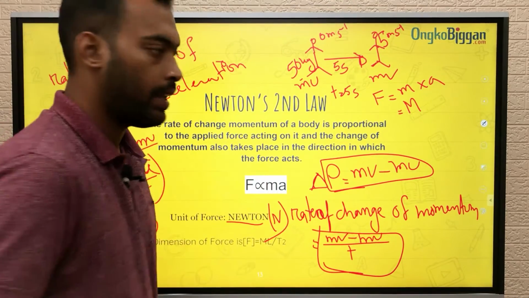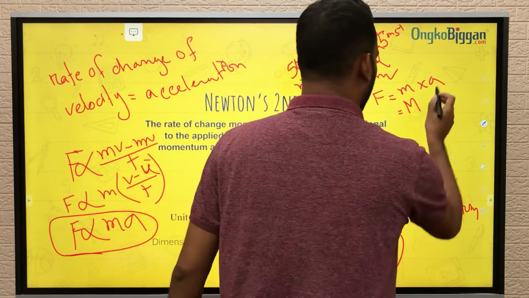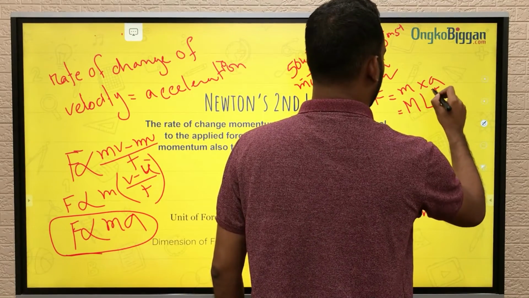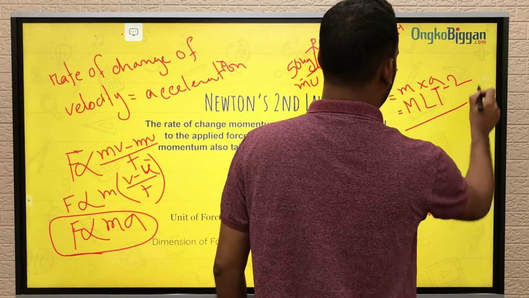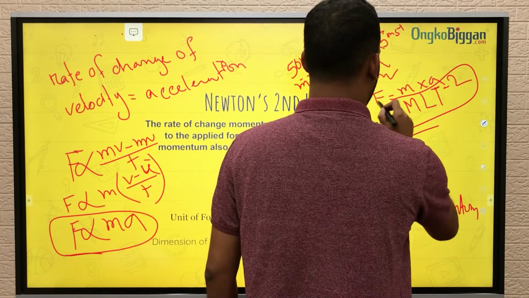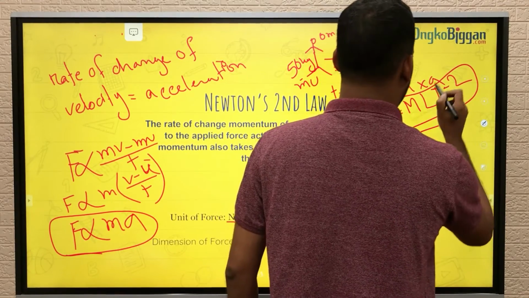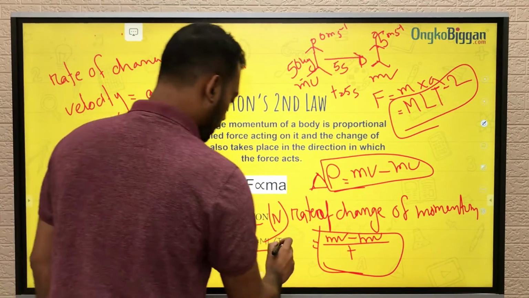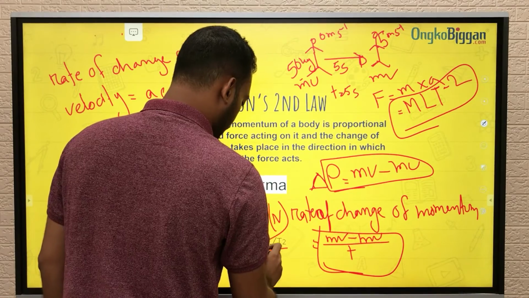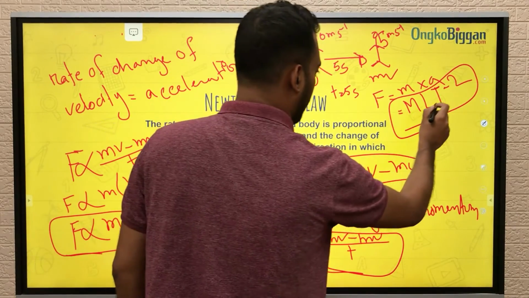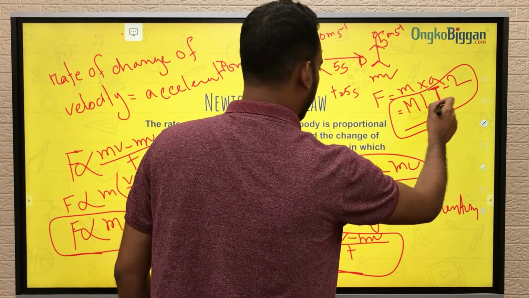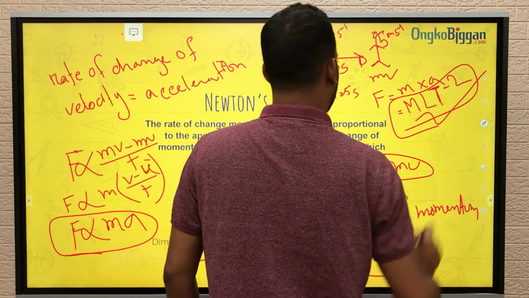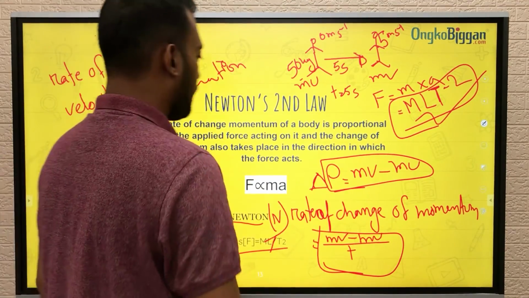What is the dimension of a? We know the dimension of a is L T inverse square. So the dimension of force is m L T inverse square, or m L by t square, which is the same thing. So the dimension of force is m L T inverse square.